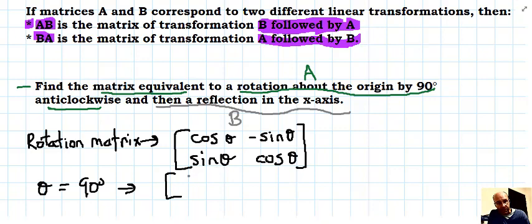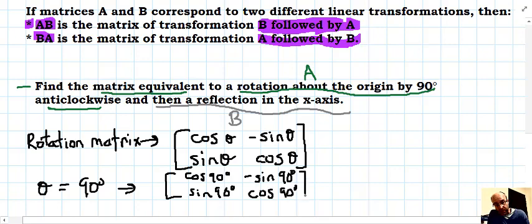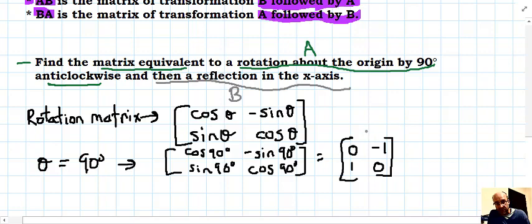So in this case, if theta equals 90 degrees, we actually have cos of 90 degrees, negative 1 times sine of 90 degrees, sine of 90 degrees, and cos of 90 degrees, which is 0, negative 1, 1, 0. So that is transformation matrix A.